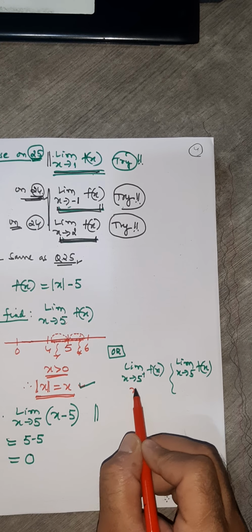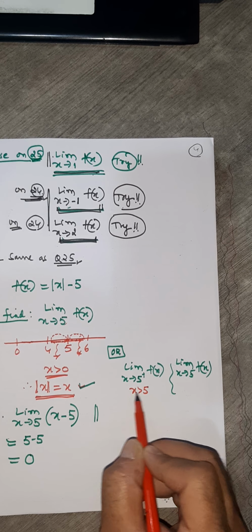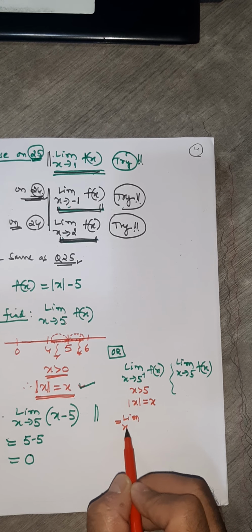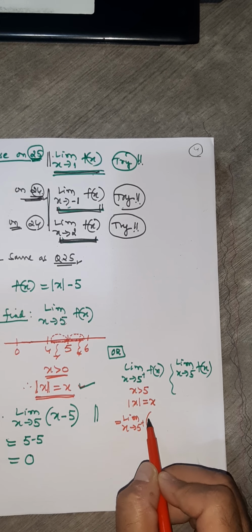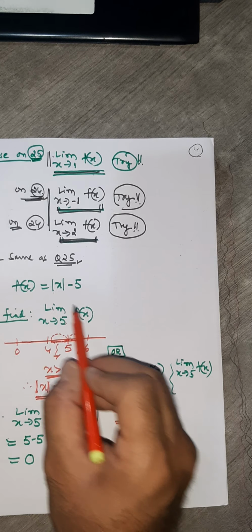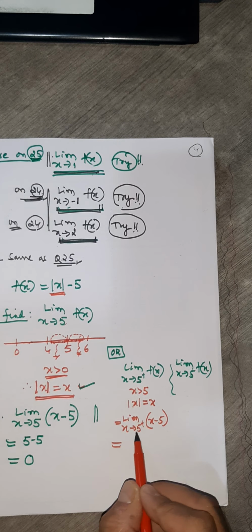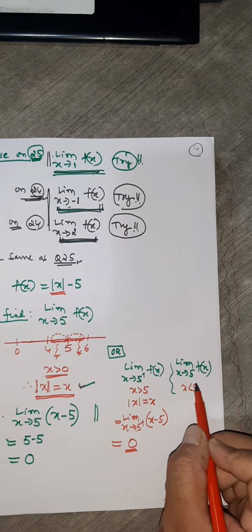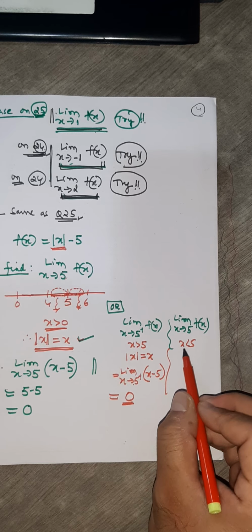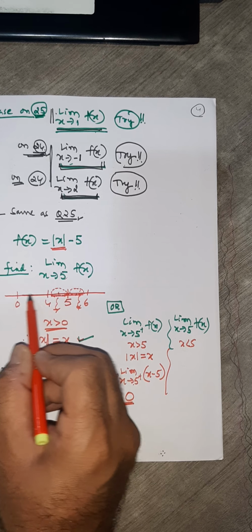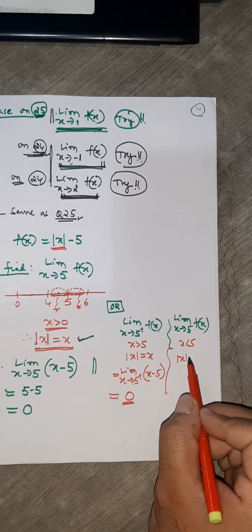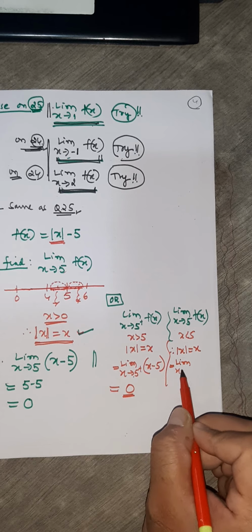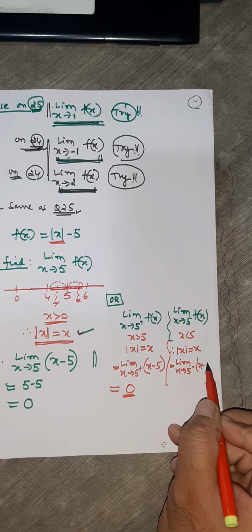X tends to 5 from the right side. So x is more than 5. X is positive, so modulus x will remain x. So here limit x tends to 5 from the right, modulus x is x, so x minus 5. You know the function chapter. This becomes x minus 5. Now apply the limit, so this is 0. Go to this side. X is here less than 5. Less than 5 means somewhere here. It has not gone to the left side of 0, so modulus x will remain x. So here also limit x tends to 5 from the left, you have x minus 5.